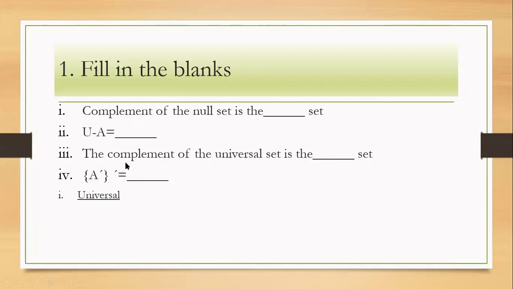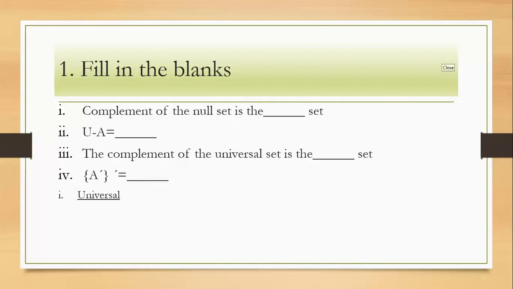Okay, number 2. Students, let me tell you one thing, these types of questions can come in your objectives. Now, answer number 2. U minus A. Universal set minus A. What will be the answer?